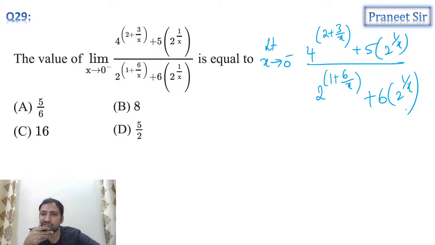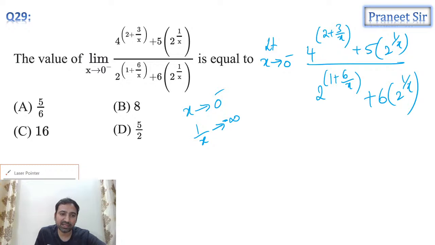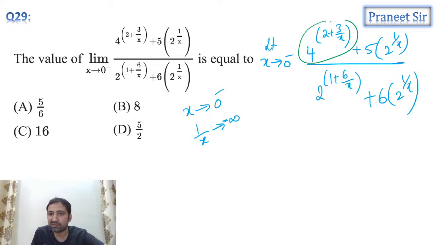When you substitute x equals to 0 minus, what will happen? Let's see. When x is tending to 0 minus, what about 1 by x, guys? 1 by x is tending to minus infinite. Yes. If 1 by x is tending to minus infinite, this is becoming 4 power minus infinite.